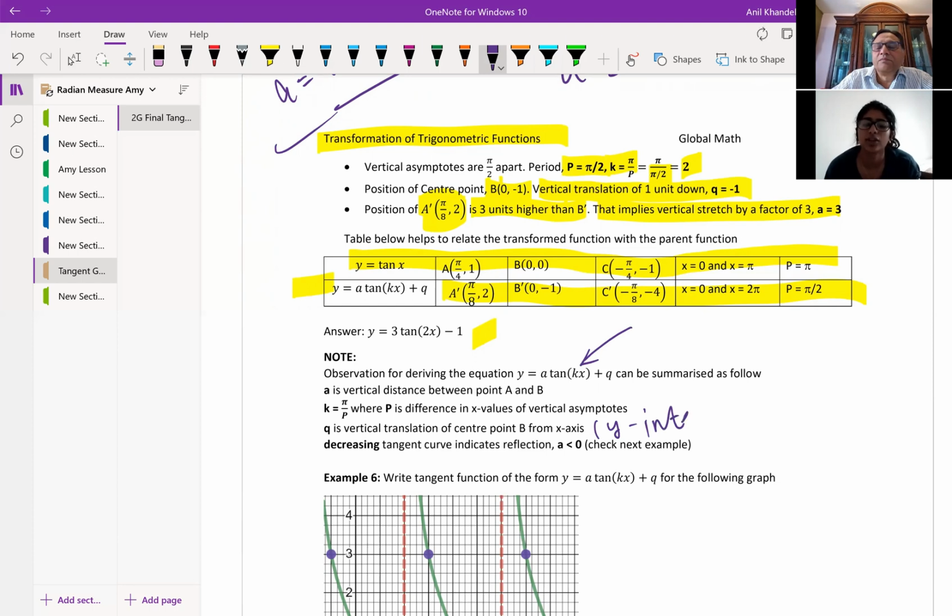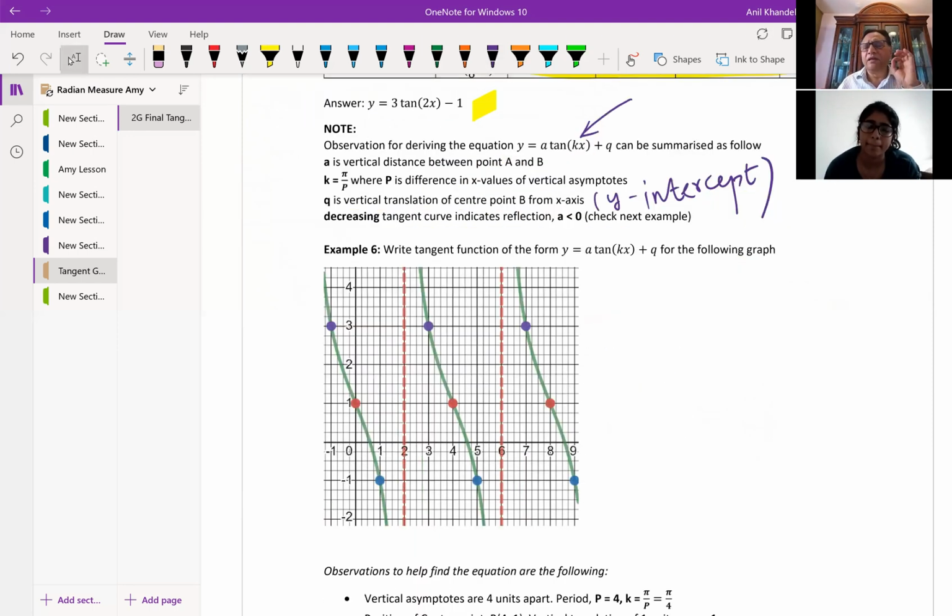You see how easily it becomes now? Very easily, from the graph, which is a tangent graph, we can get the equation directly within seconds. So did we know there was no horizontal translation because the asymptotes were in the places they should be? Yes, and second, we are given the equation which says a tan kx plus q.